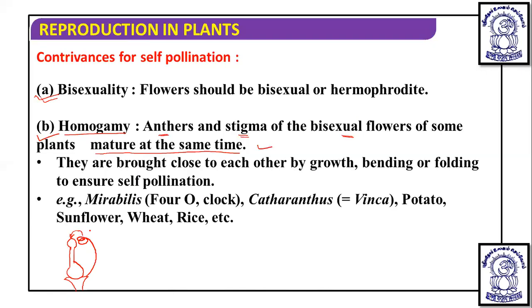In the same way, by bending, by folding, by growth, they ensure self-pollination. Examples of homogamy are Mirabilis jalapa, which is the 4 o'clock plant, then Catharanthus, that is vinca, potato, sunflower, wheat, and rice. These all promote self-pollination.